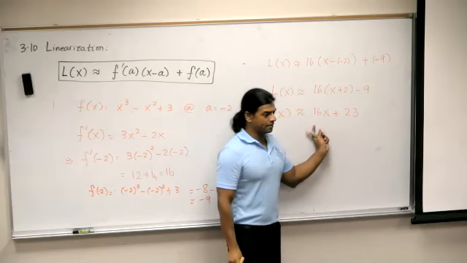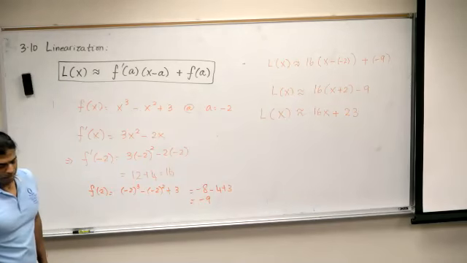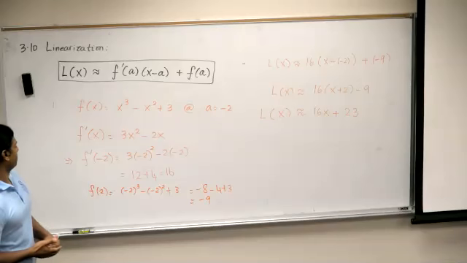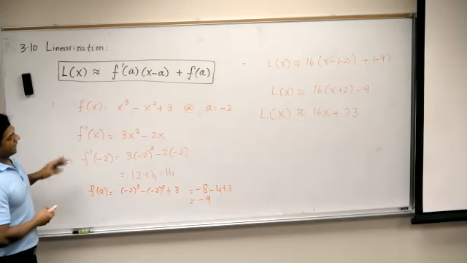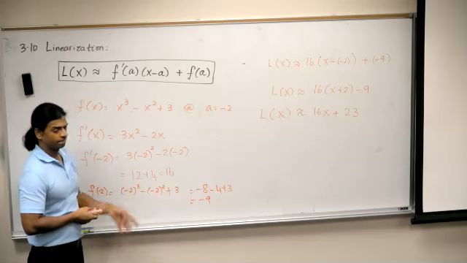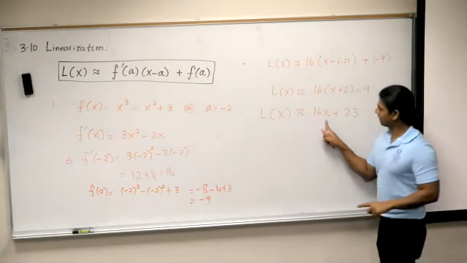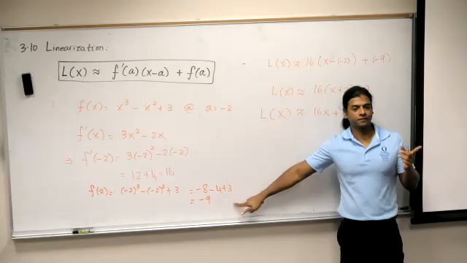Now, do you see that mx plus b part? That is what we call the linearization, and we started by using the original function. If I plug in -2 over here, I'm going to get the exact value of the function.